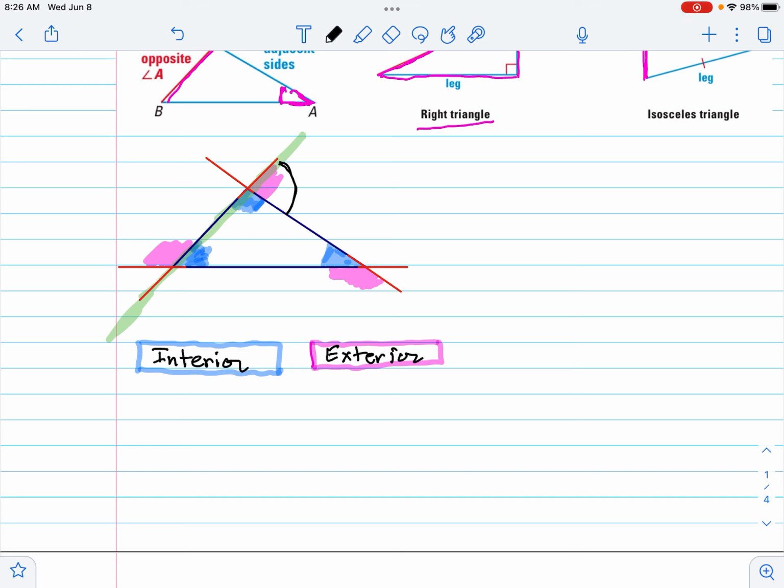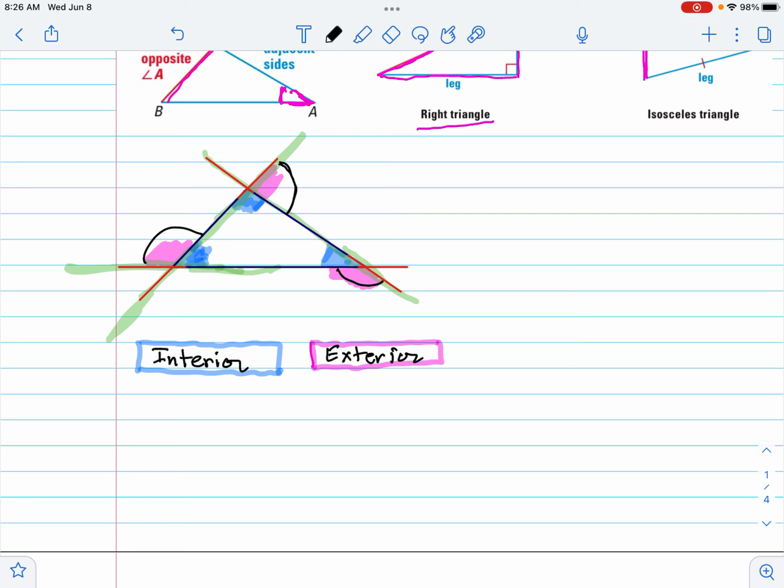Now, if I take this side and extend it out, I get another exterior angle, this one. And if I take this other one and extend it out, I've got them extended out here in red, you can see, I get another angle, this one.